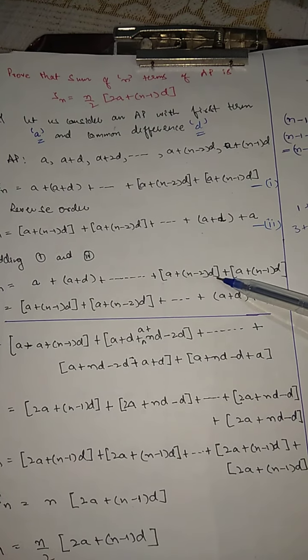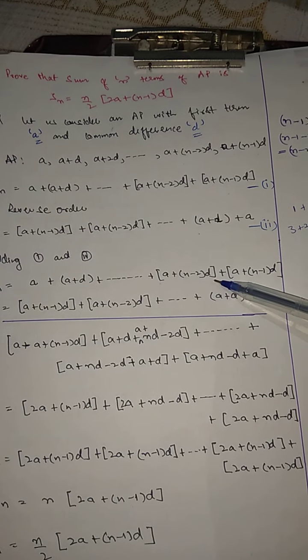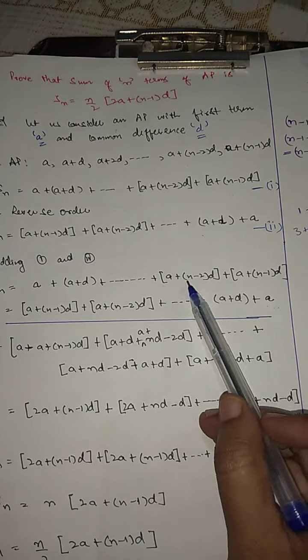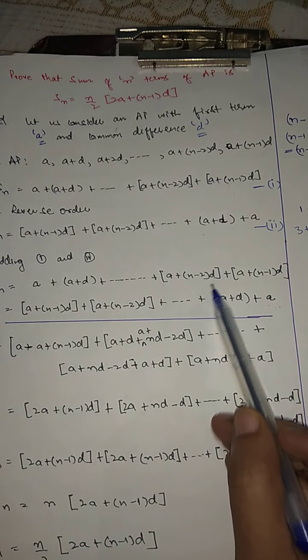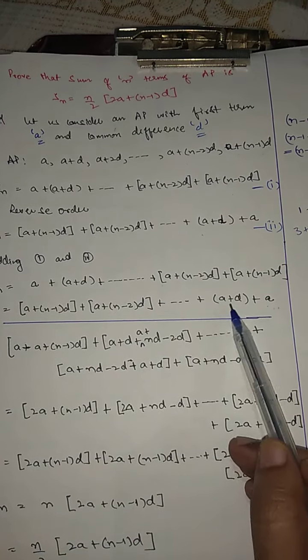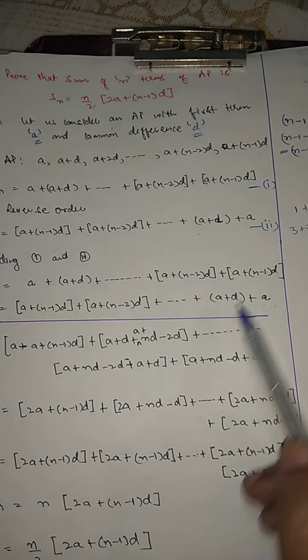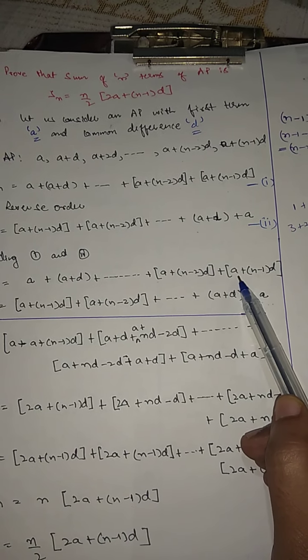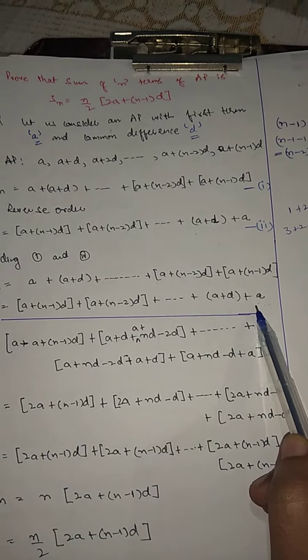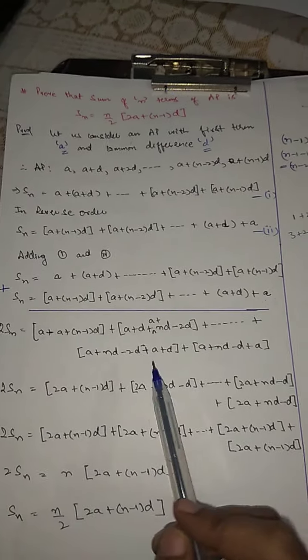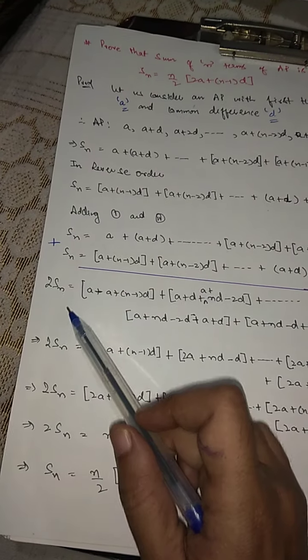Then the second last term from the first equation is a plus n minus 2 into d, plus the second last term from the second equation, a plus d, which we get as 2a plus nd minus d. And the last term from the first equation is a plus nd minus d, plus this a. So while adding, Sn plus Sn gives 2Sn.